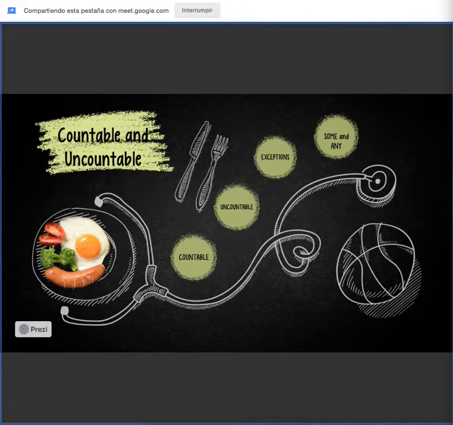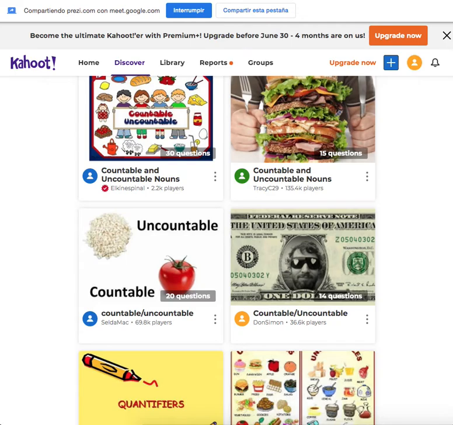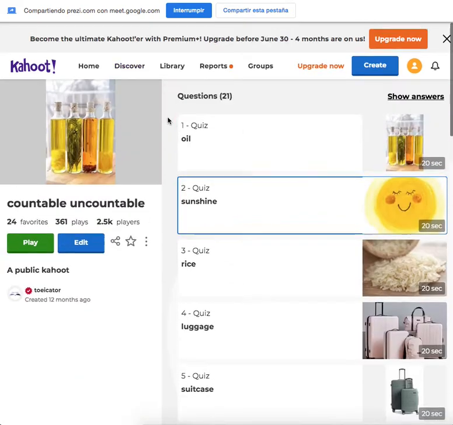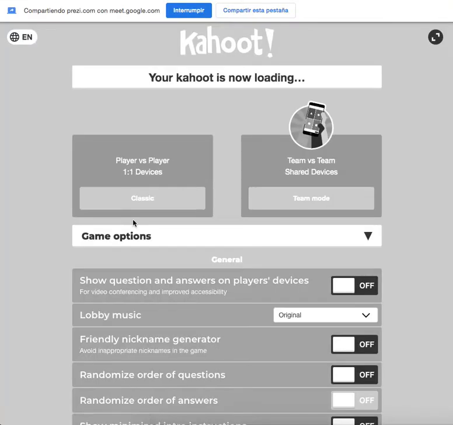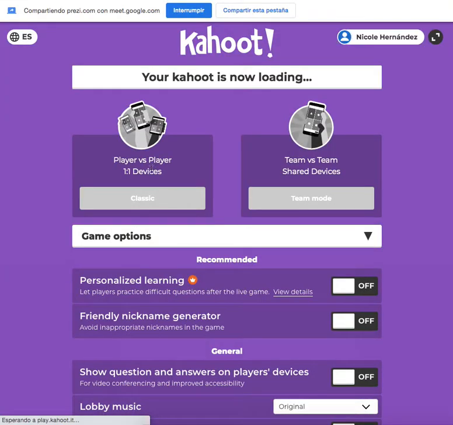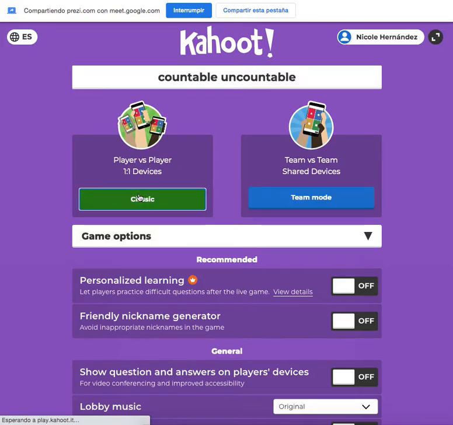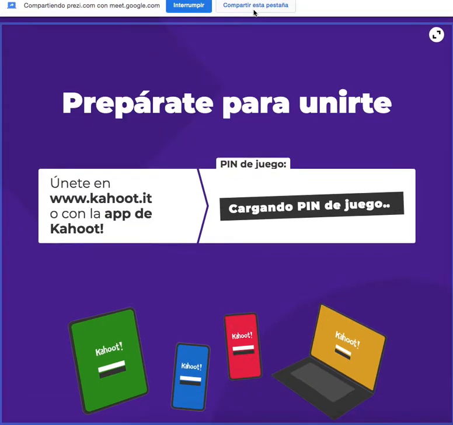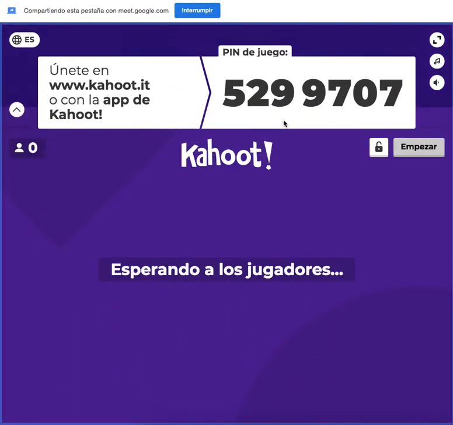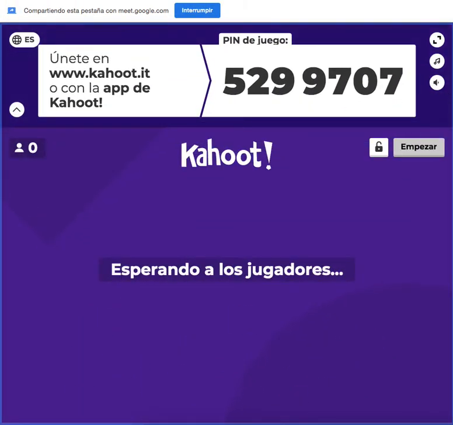In order to begin, we are going to start with an activity in Kahoot. As I told you, I just want to see how much you remember, okay? So I am going to ask you to access Kahoot. I am going to show you the pin. This is the pin of Kahoot.